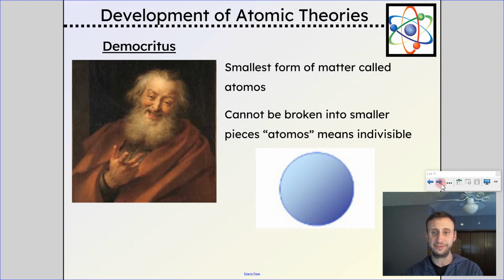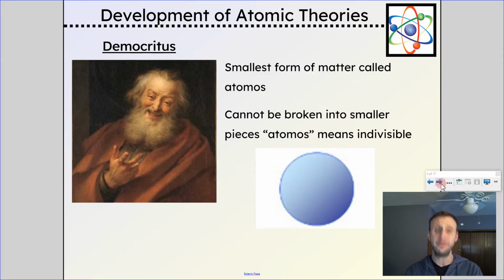So Democritus is a great example, and he's actually responsible for the term atom. He called the smallest form of matter atomos, which is changed into atom. And atomos means indivisible. It cannot be broken into smaller pieces.